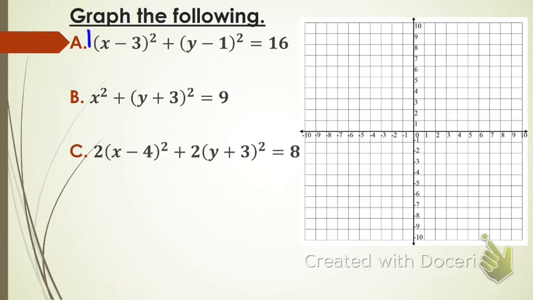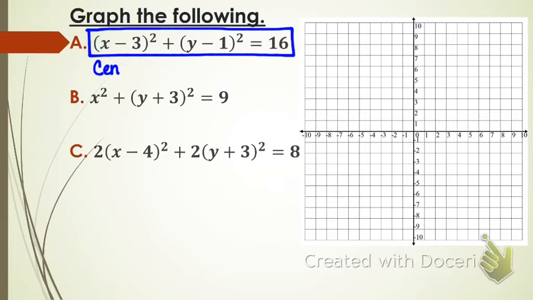So we are going to graph each of these 3. I'm going to do them on separate graphs each time, just so I keep things really clear. For this first one, circle A, I need to know the center. Where would the center of this circle be? (3, 1).